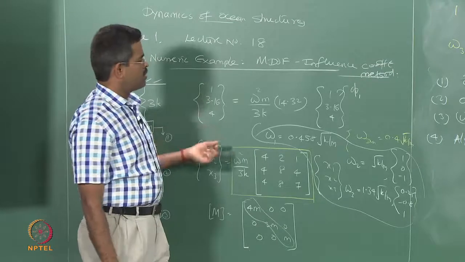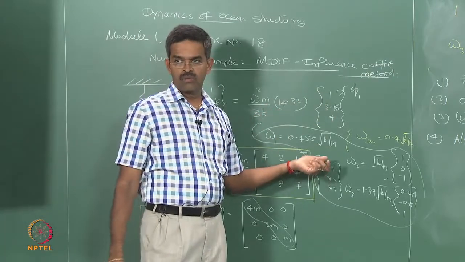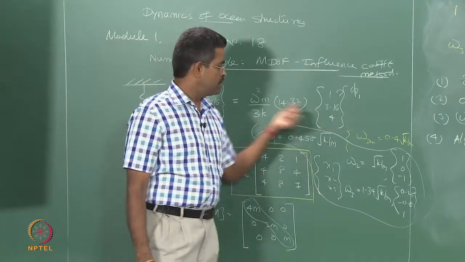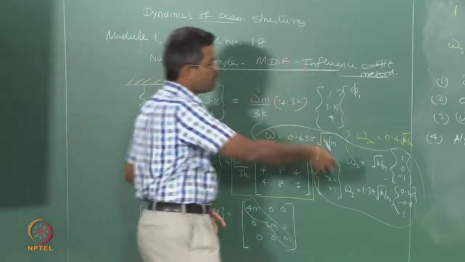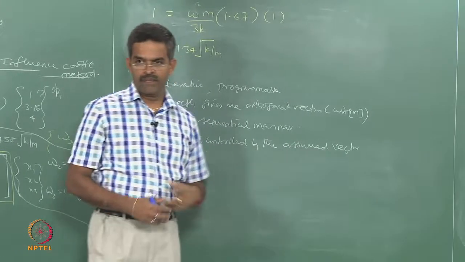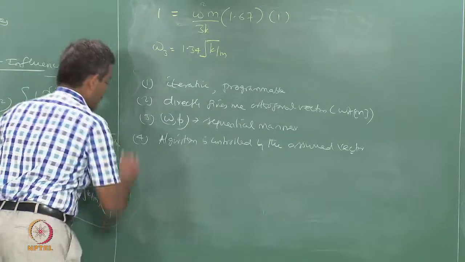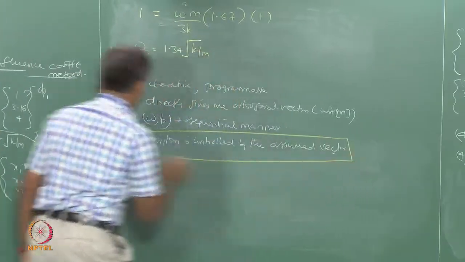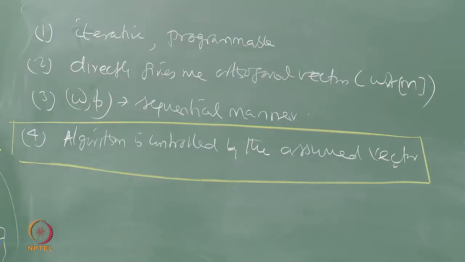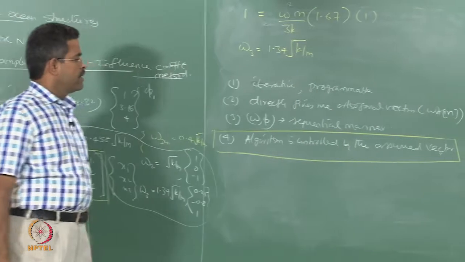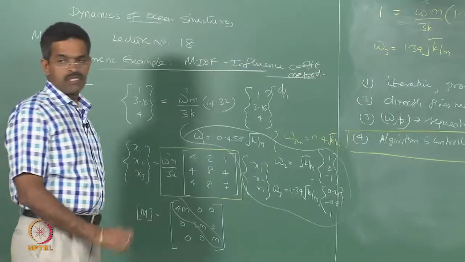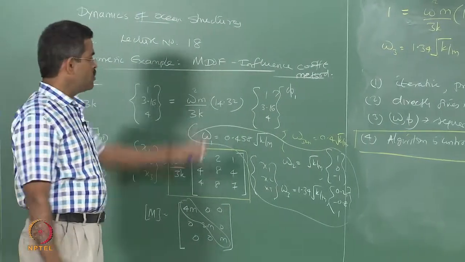Instead of say 1 1 1, you would assume 1 minus 1 0 some vector, then you will get a different omega which will not be the fundamental frequency. So, the whole algorithm is controlled with assumed vector. This is the drawback of the system actually. This will make the system or the algorithm user specific. You cannot generalize this vector. Okay. Here this is one of the, you can say, hitch in this problem. You should know how to assume the vector.